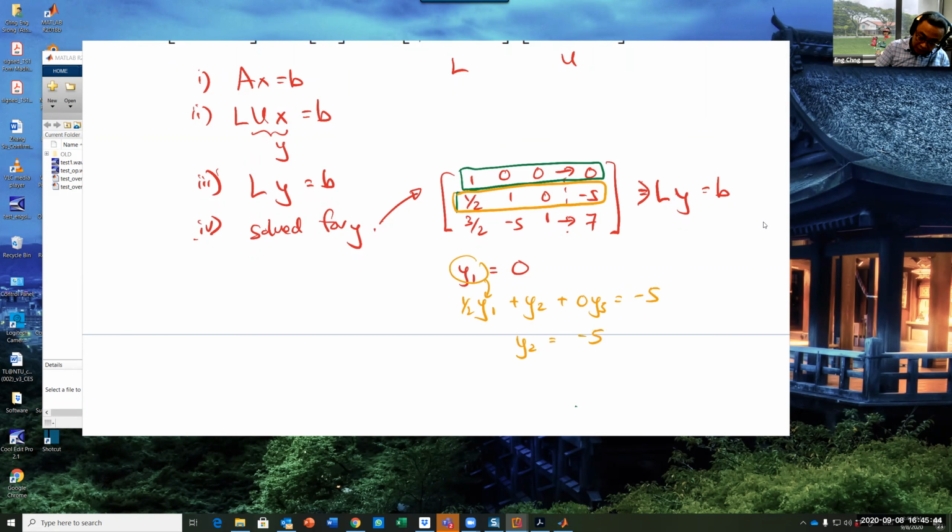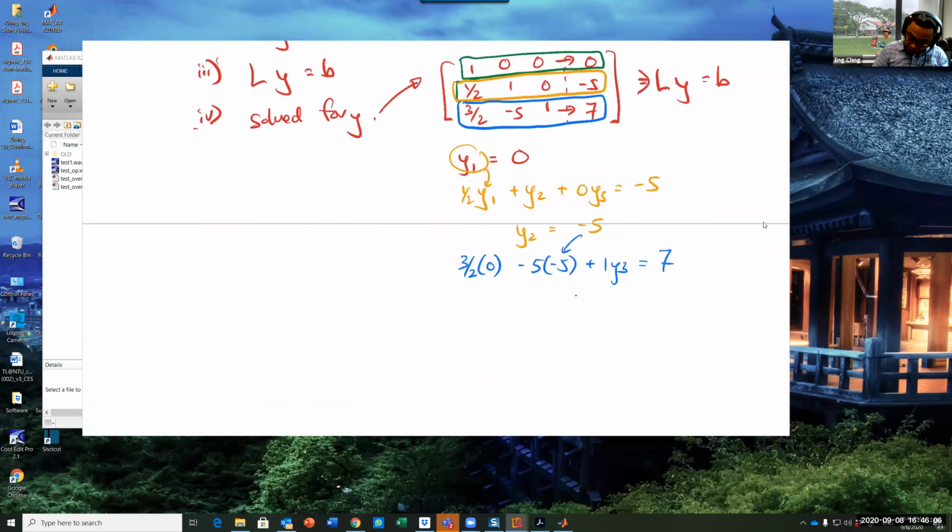Now we do the third one. Let's do it in blue. The third equation is 3 over 2 y1, y1 is 0 now, minus 5 y2, y2 is minus 5, plus 1 y3 equals 7.